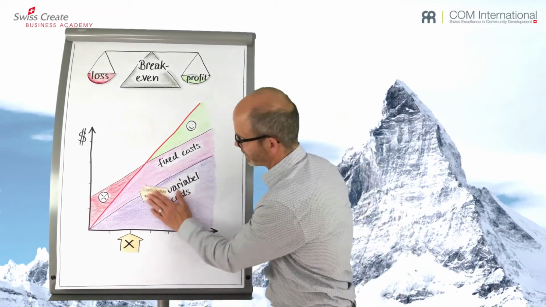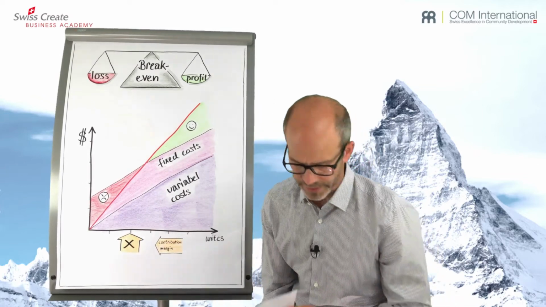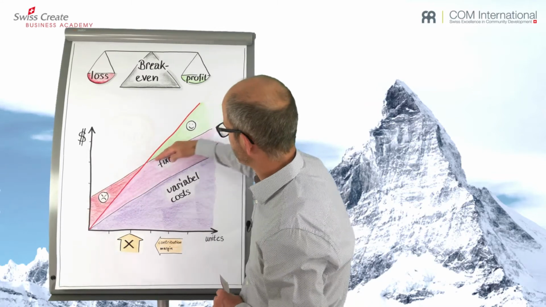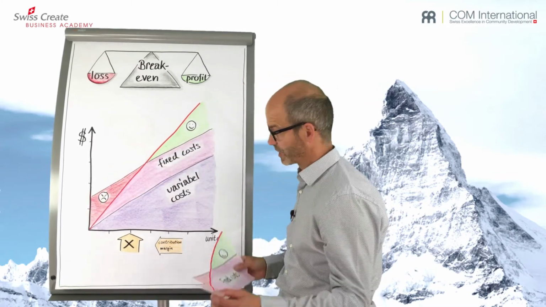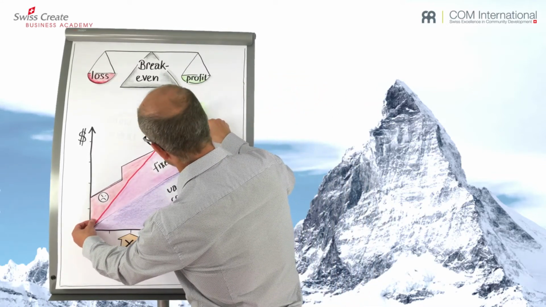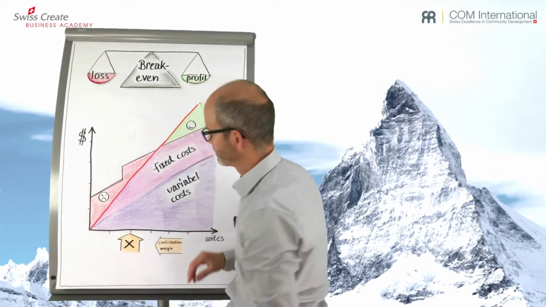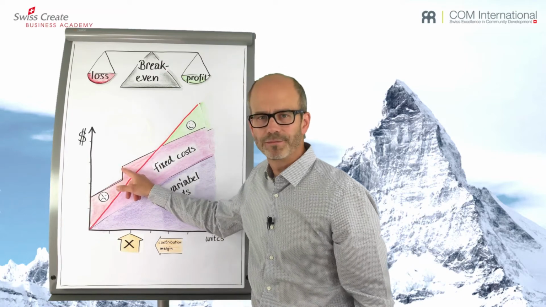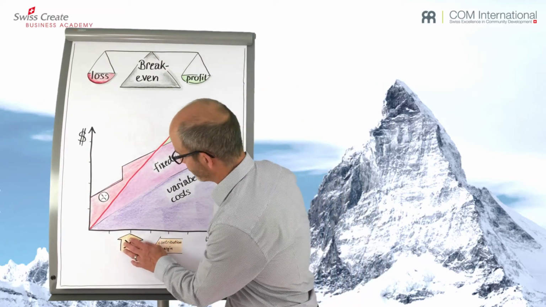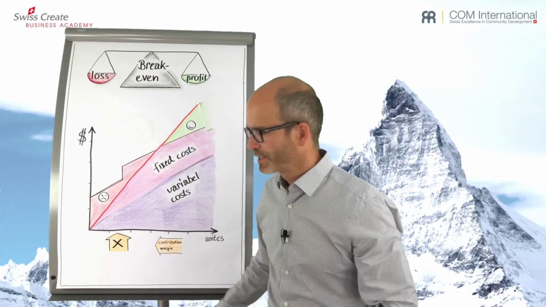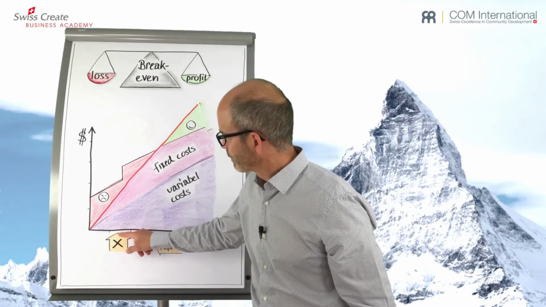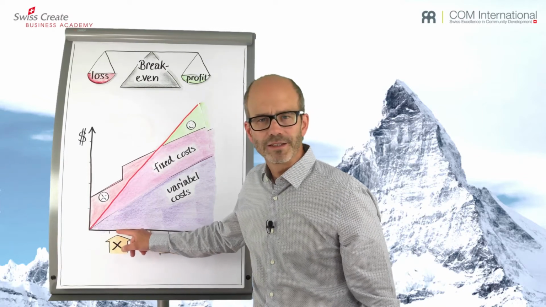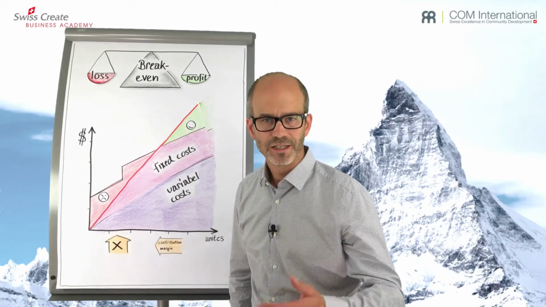There's another thing again. It's all now in a straight line, but it can change. Sometimes the fixed costs are jumping up. Why? Because with this specific amount, the capacity of your machines is full.